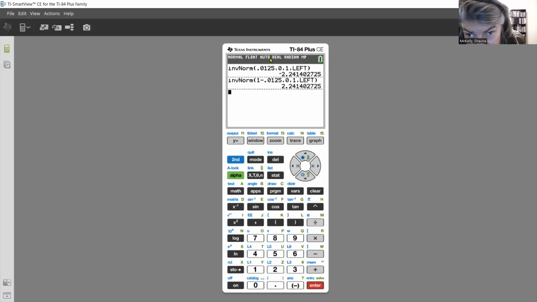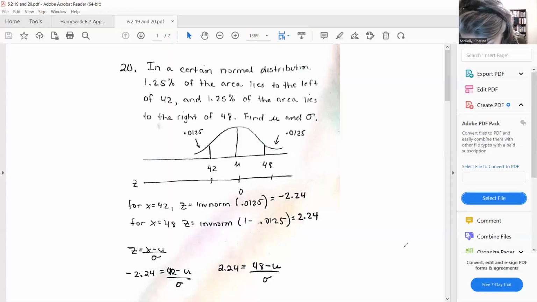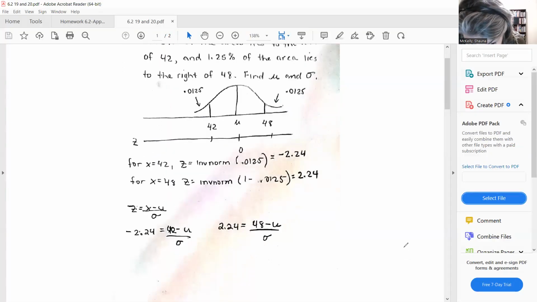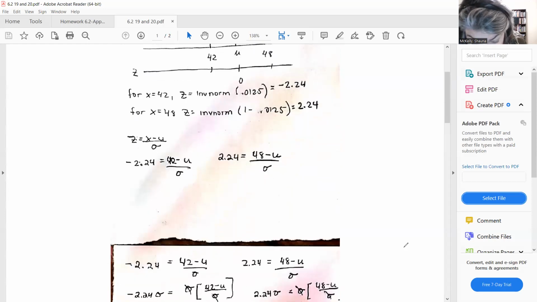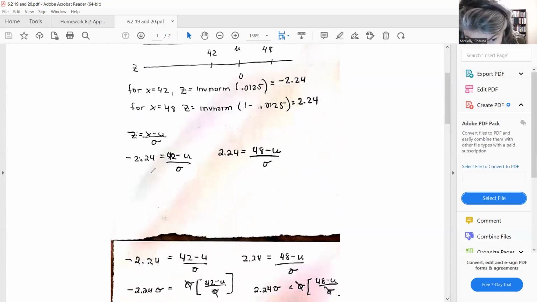Now that leads us to the following. I then have 2 z-scores, but I have 2 unknowns, okay? So our formula here, z equals x minus mu over sigma. In case you can't read this on the screen, this is negative 2.24 equals, this should be 42.